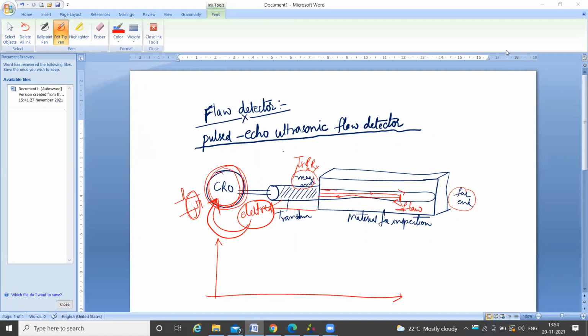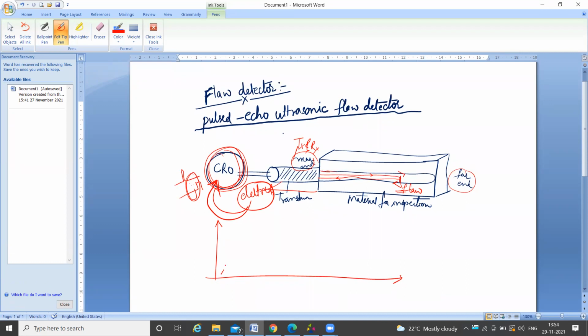the first pulse itself is the transmitted pulse. After some time comes the flaw pulse, and the third one is the back surface reflection. This is the far end reflection, because of the loss in the material.